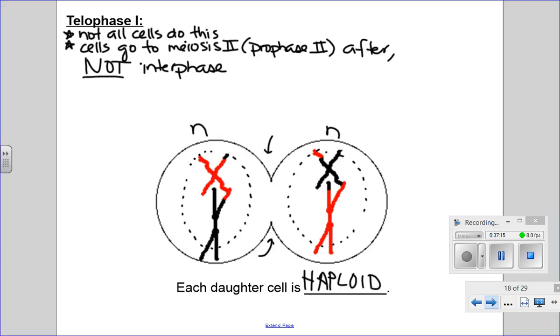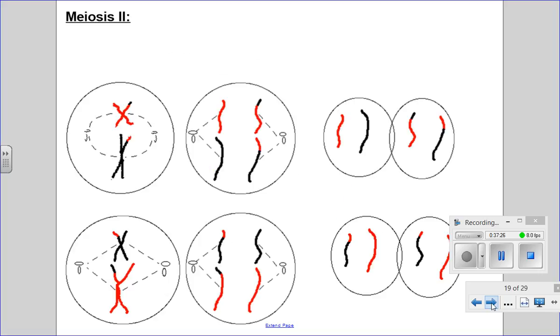So on the next page, I have just a few pictures representing meiosis 2, and you'll see that they look very much like the photos of mitosis. So I'm just going to point out a few things that you would look for. Here's a nice picture of prophase.